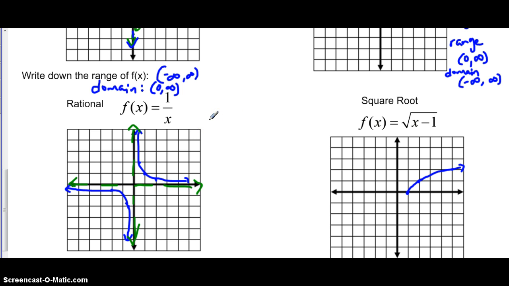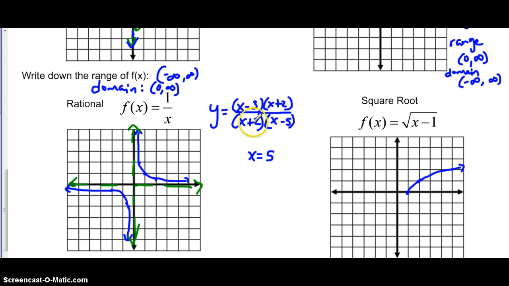Remember also they could have holes. So if we had a function where y equals x minus 3 and x plus 2 over x plus 2 and x minus 5, remember the asymptote would be at x equals 5. But here, if you simplify, the x plus 2 would be gone.